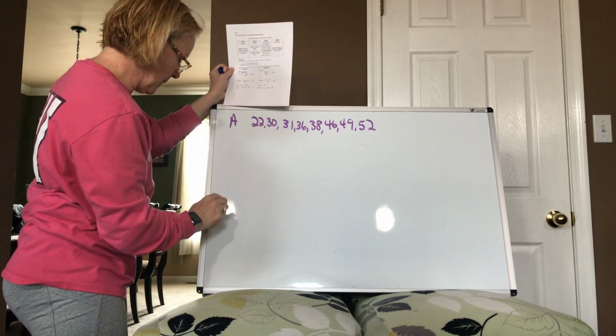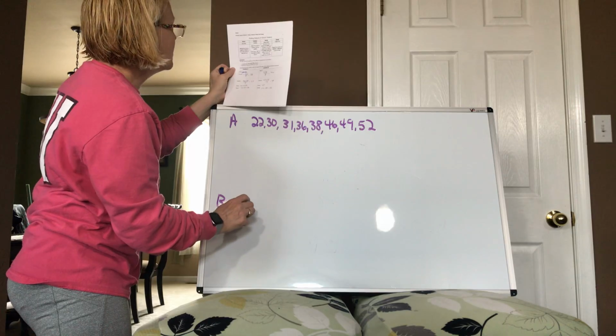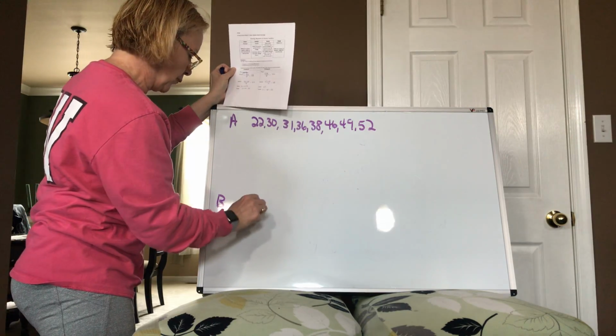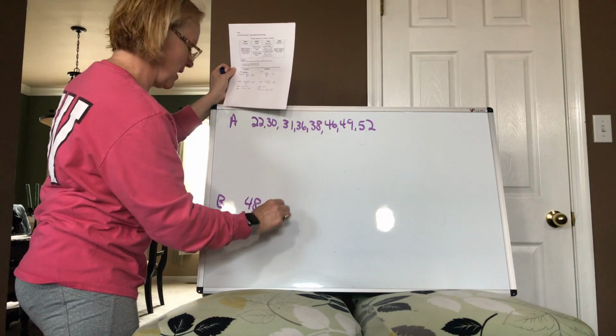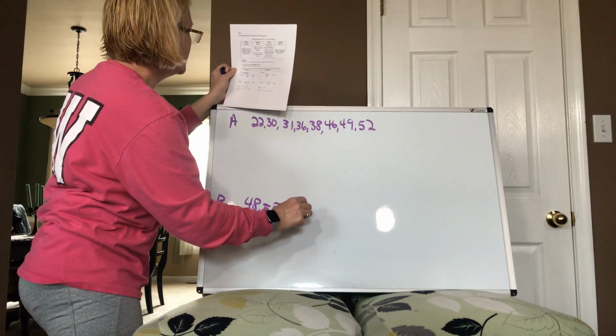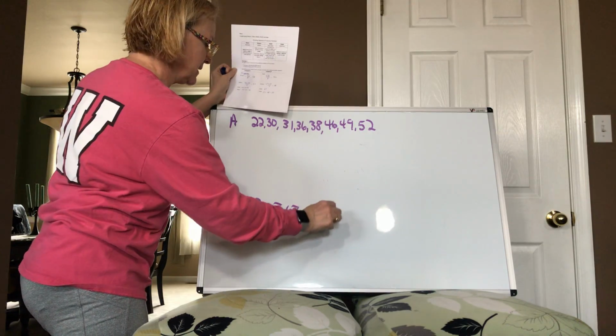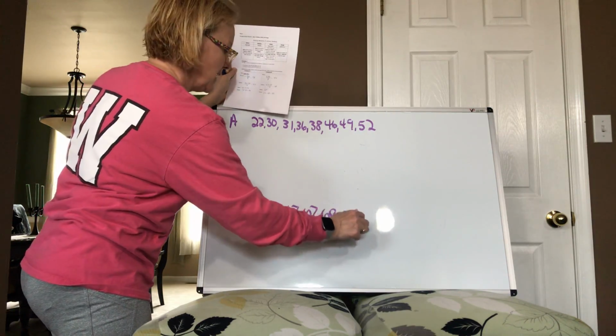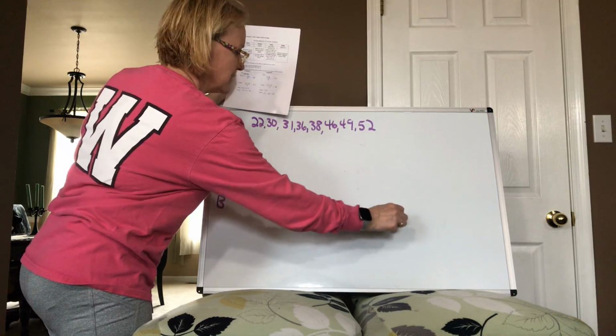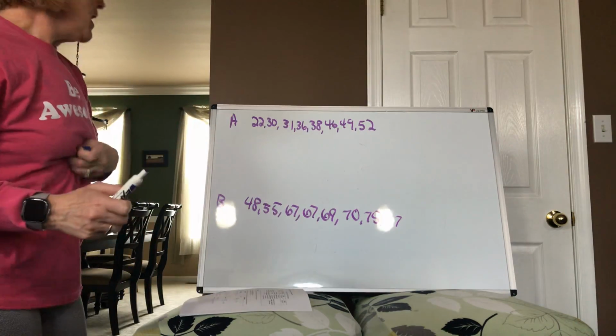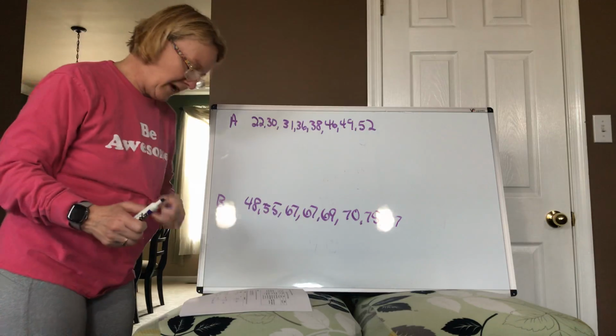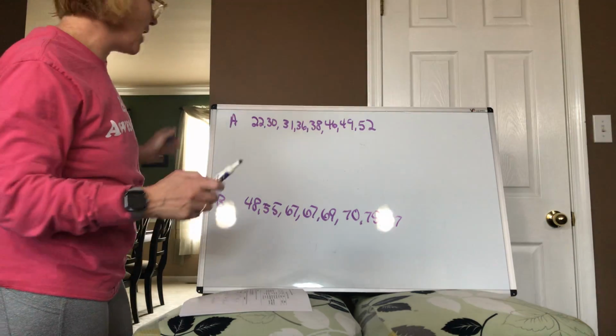And then I'm going to do company B down here. They are 48, 55, 67, 67, 69, 70, 75, and 77. So they are asking us to find the mean, median, mode, and range.